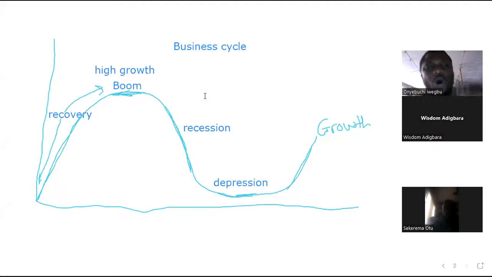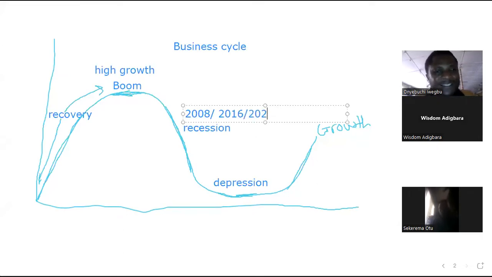While we will always have recession, 2008 is an example of recession. In 2016, immediately Buhari entered, there was recession. In 2020, during the pandemic, there was recession. And what is recession?